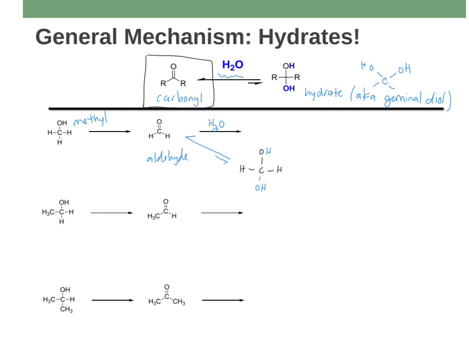But even though it's just a little bit of stuff, as soon as you have that OH and that H, boom, you can do the oxidation. Just like we circled off the OH and the H before and turned those into carbonyls, it's the same exact idea here. And it's also similarly true that the two things that were attached just stay attached. So in this case, I had an H and I had an OH.